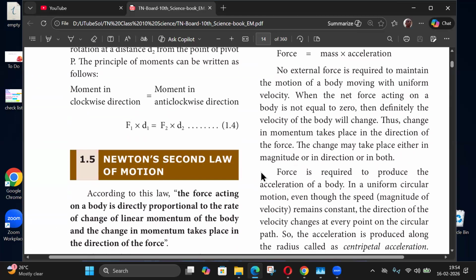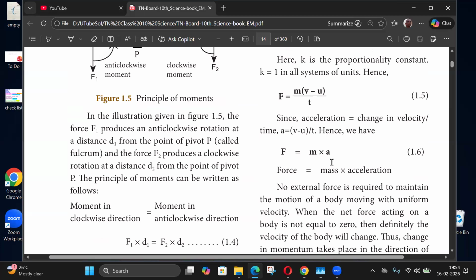The unit of force is mass times acceleration. The SI unit of mass is kg, and the SI unit of acceleration is meter per second square. This whole combination I can introduce as a new combined unit called Newton.